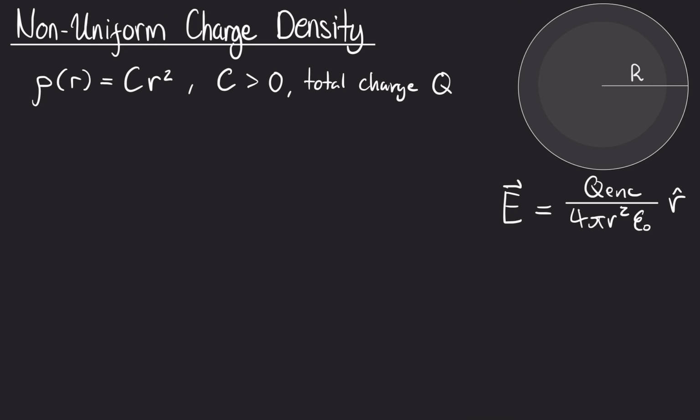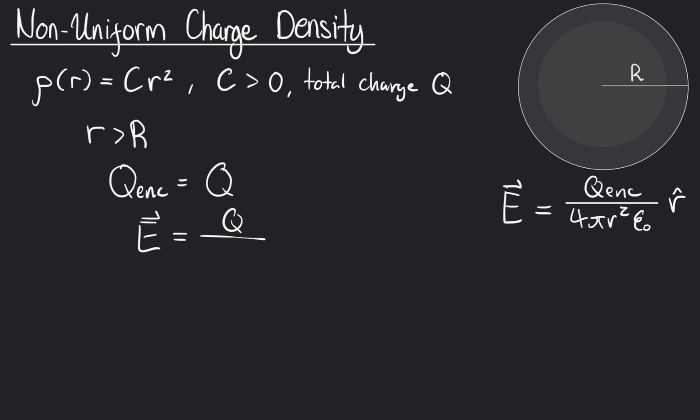We're also told that c is a positive constant, so we're actually going to have to solve for it to solve this problem. And we're also told that the total amount of charge in the system is Q. And so if we were to solve the case for the electric field where little r is greater than big R, so if I'm asking for the field outside of the sphere itself, then this would be a pretty simple problem, because it would say that the charge enclosed is just equal to the total amount of charge that I'm enclosing, which in this case is just the total charge, which would just be Q. And so our electric field would just be essentially like a point charge.